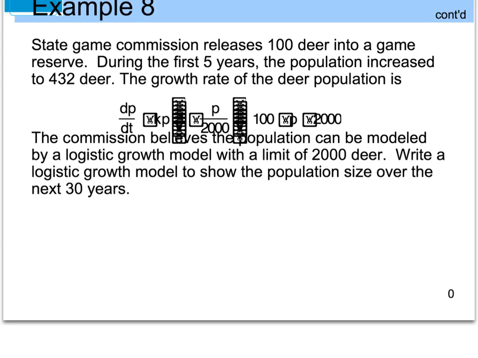The growth rate of the deer population is given to us as dP/dt, and let me write this down below. So dP/dt is equal to kP times the quantity 1 minus P over 100.